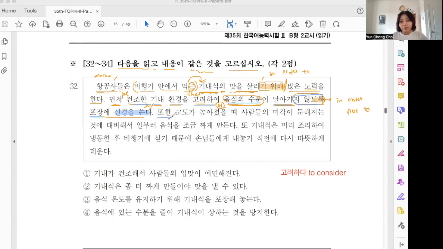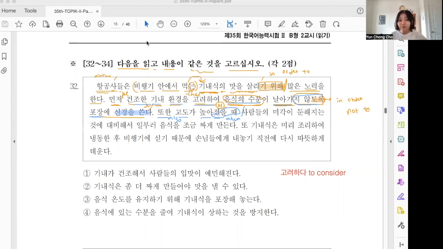또한 also 고도가 높아졌을 때, 았/었 here, when the time in the past, because of double S, indicates past tense. So when the 고도, altitude, 높아졌을 때, became higher. 높아지다, become high.